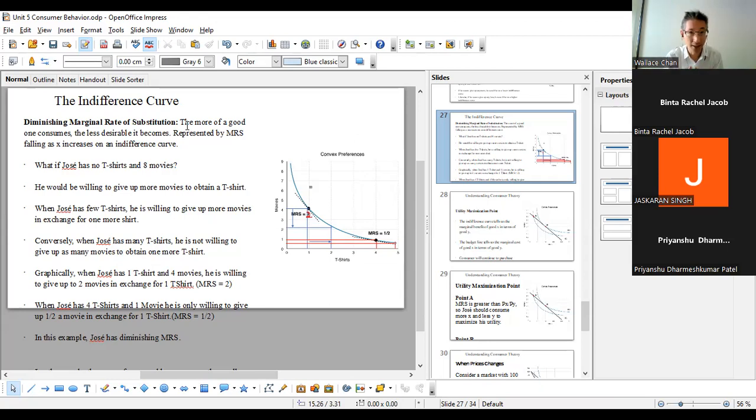Because of that, it's not likely that someone would want 10 fish and one cookie, or 10 cookies and one fish. They usually want something in between. So that's why your curve looks like this.